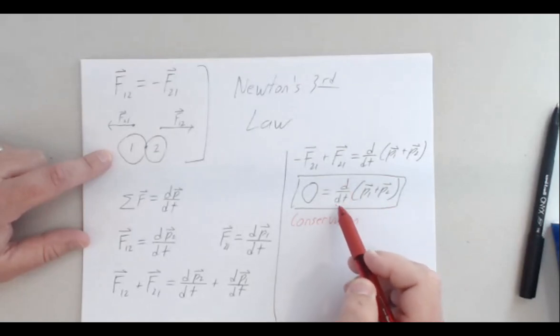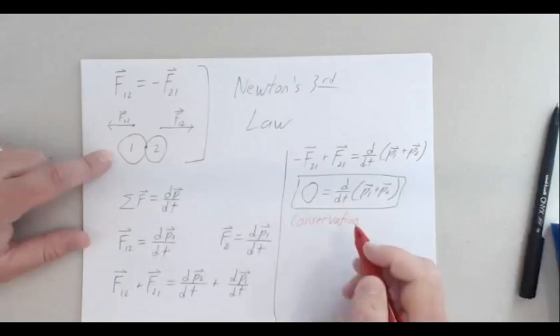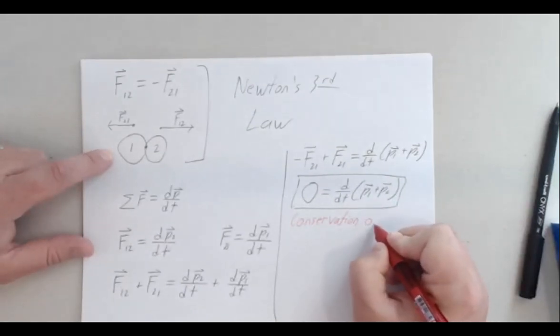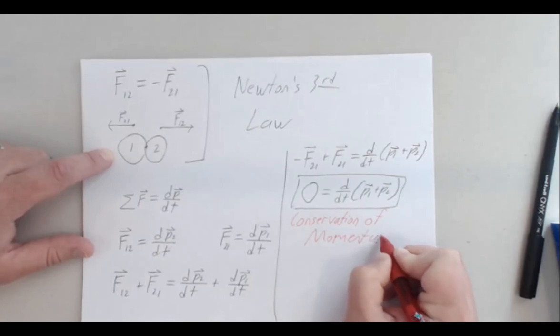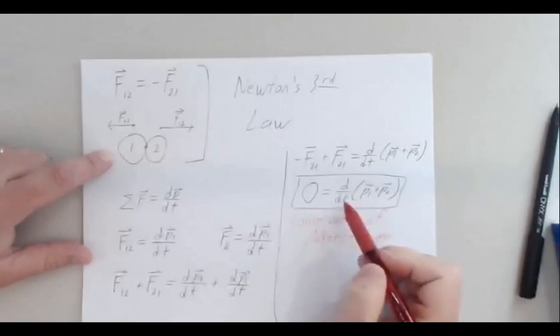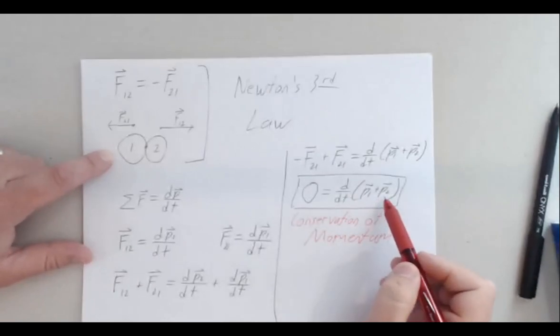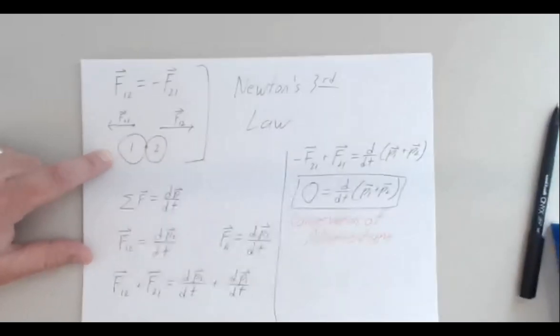And if the time derivative is 0, that means these things have to be constant. This is conservation of momentum expressed mathematically. If the time derivative of something is 0, then that something has to be constant in time.